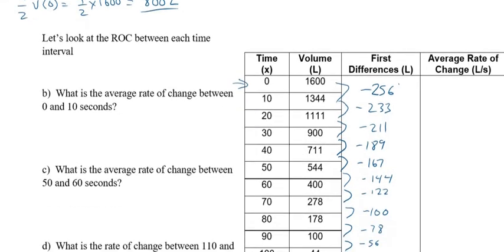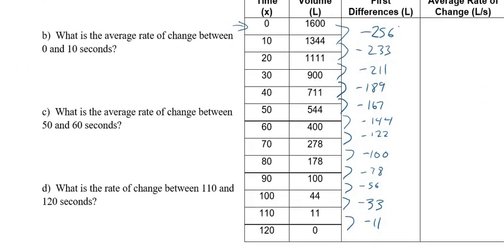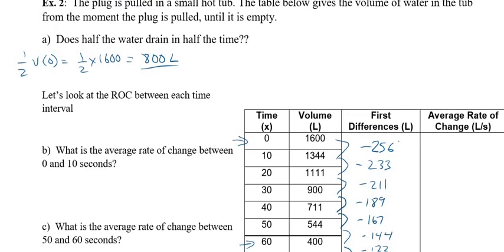We're going over 120 seconds, so 60 seconds would be the halfway mark. And at that point, we have 400 liters. So the volume at 60, the halfway mark, is actually 400 liters.